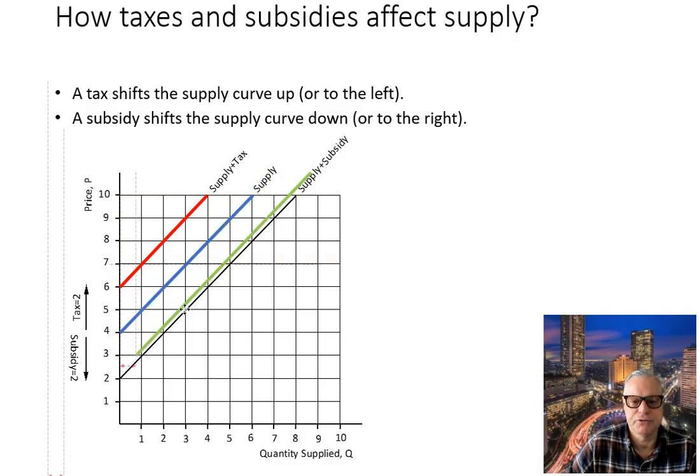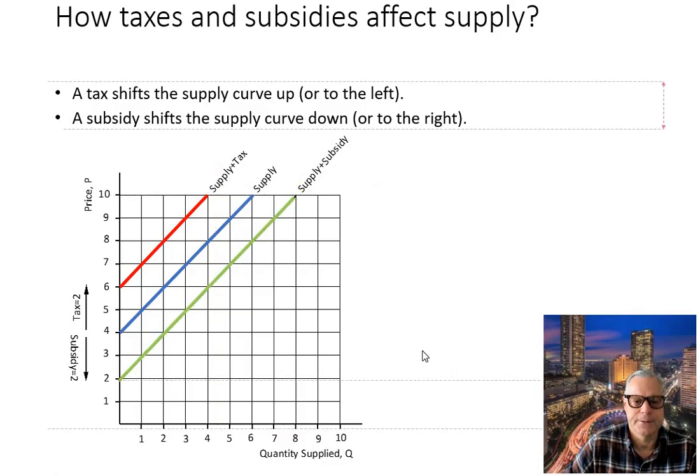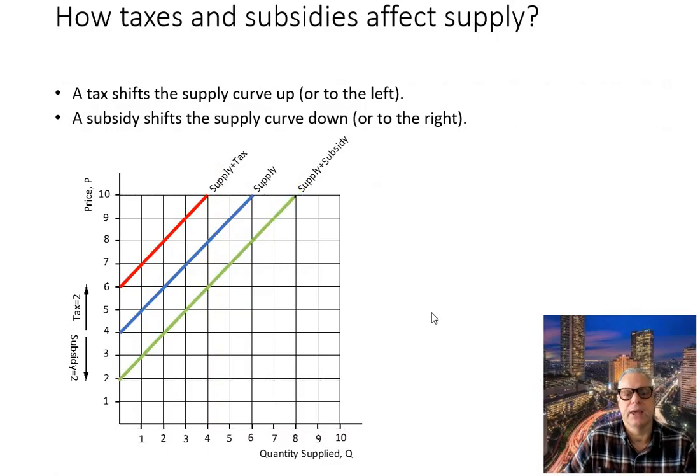Both is a shift to the right. Okay, so the point is that a tax shifts the supply curve to the left and a subsidy shifts it to the right. Or the tax shifts the supply curve up or to the left and a subsidy shifts it to the right or down. You can make a case for either one.